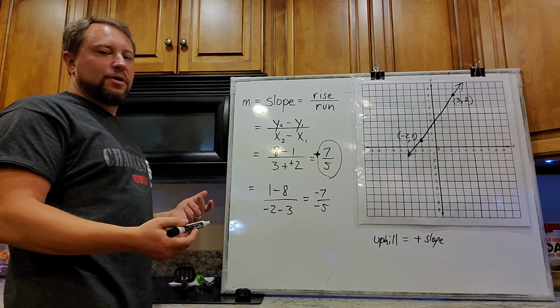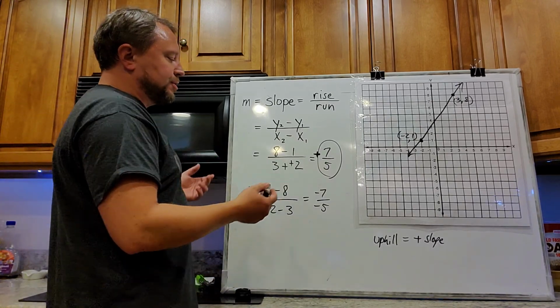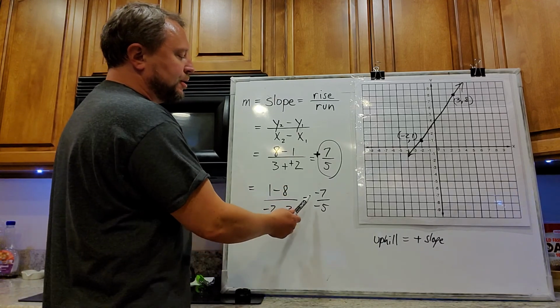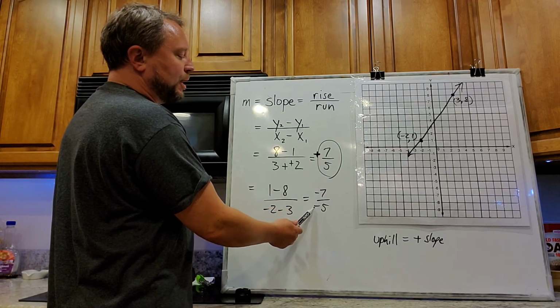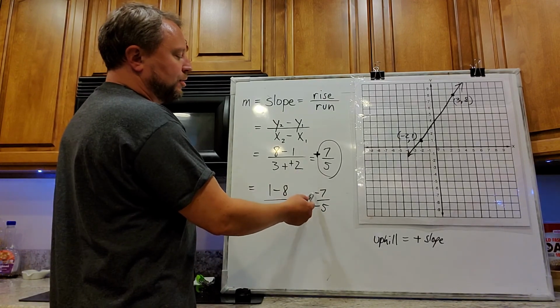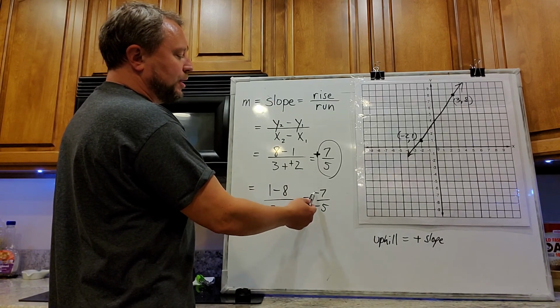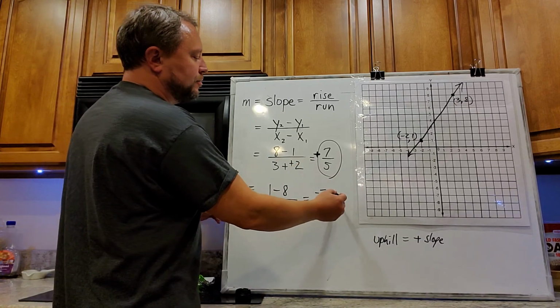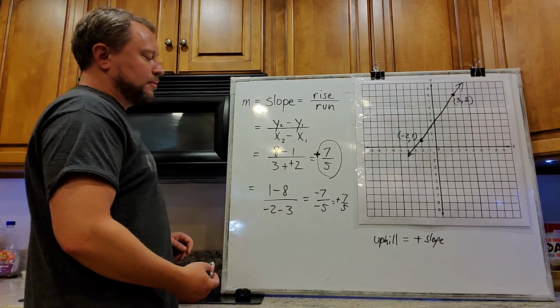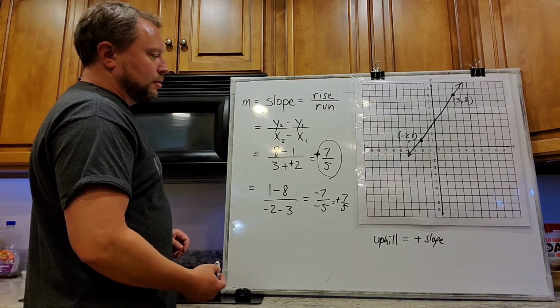However, you should have learned in your previous algebra classes and previous math classes that a negative divided by a negative is really just a positive. So a double negative here, negative divided by negative, is really just positive. So this is really just positive 7 fifths. Okay?